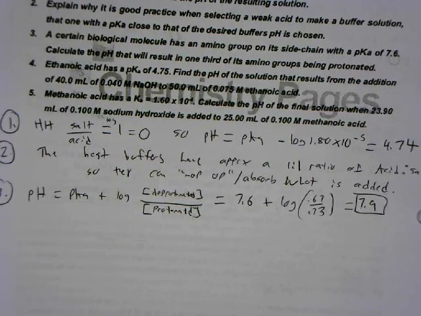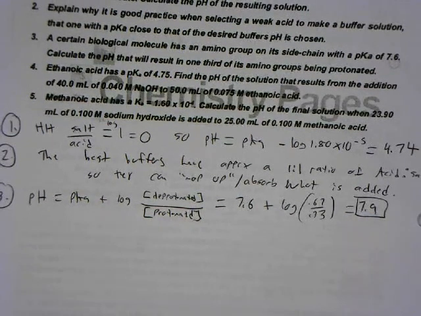The 0.33 is the 1/3 that has been protonated. That's why I did the 0.33. And if 1/3 is protonated, that means 2/3 are not protonated. So I just took one, divided into 1/3 and 2/3.